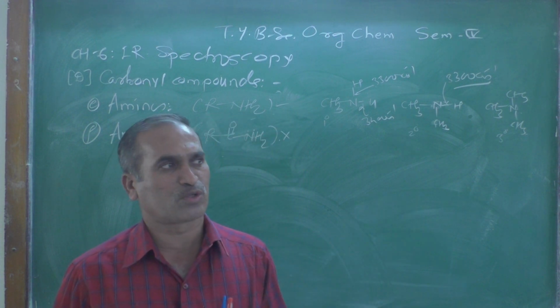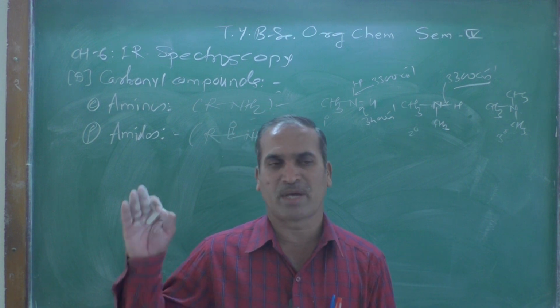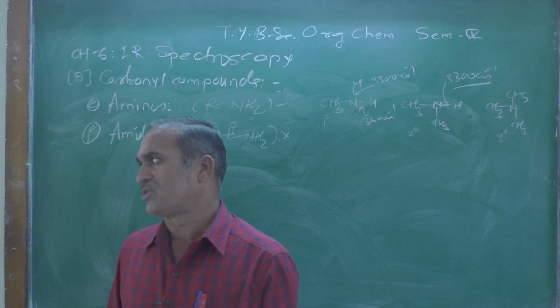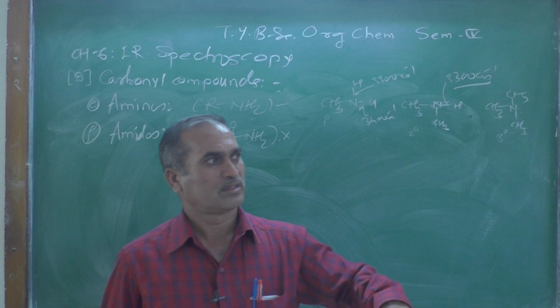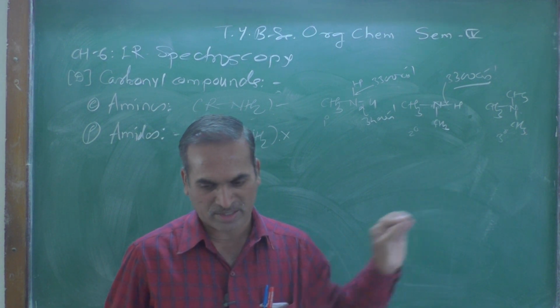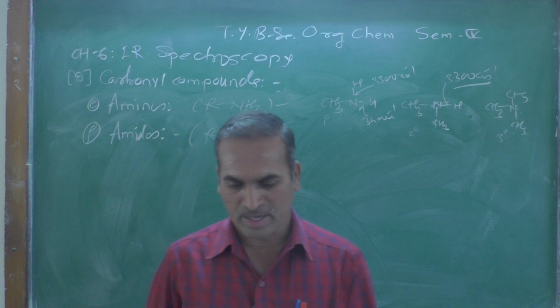By IR spectroscopy, we can easily distinguish primary, secondary and tertiary amines from each other just by observing the peaks of the IR spectrum.